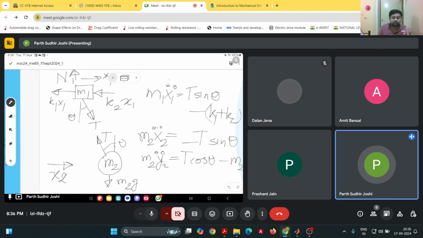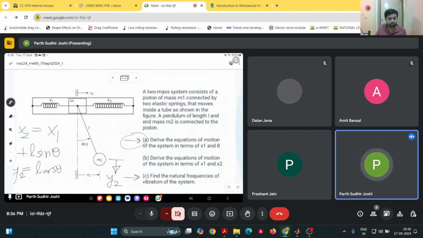Here you are right that the mass M2 is actually undergoing rotation as well as translation. That's why we are writing two equations of motion, because it has motion along the two axes, along x2 and y2.